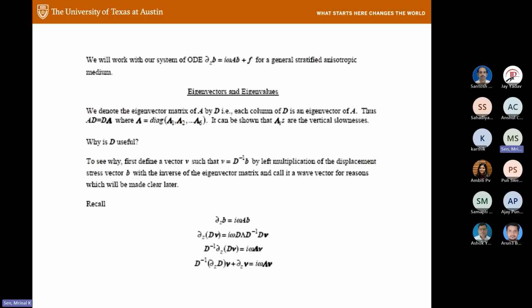Okay, so here it's a bit mathematical. I don't know how many of you remember your linear algebra.